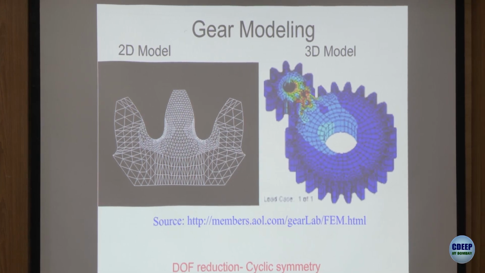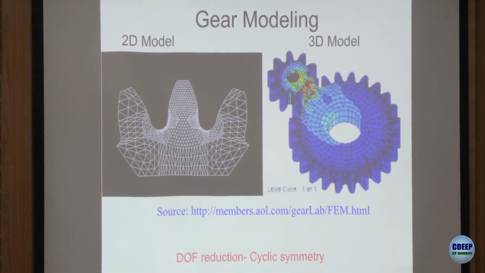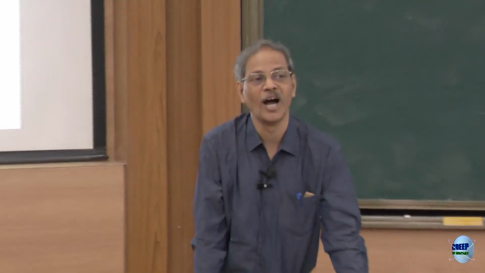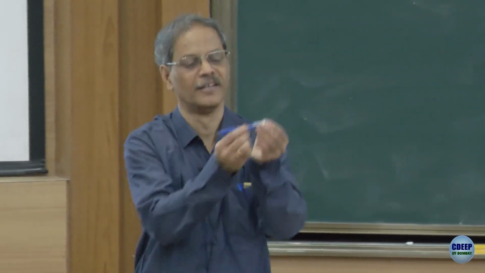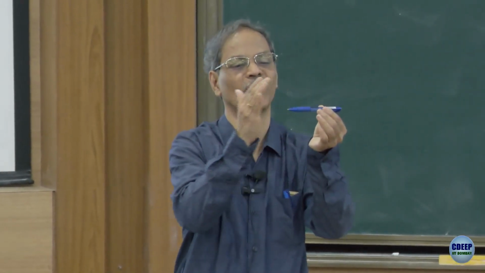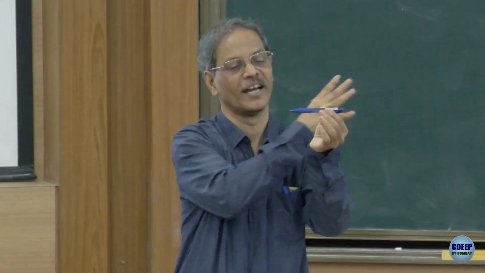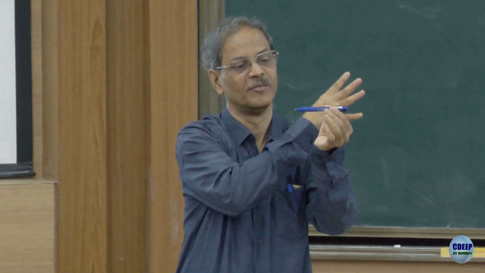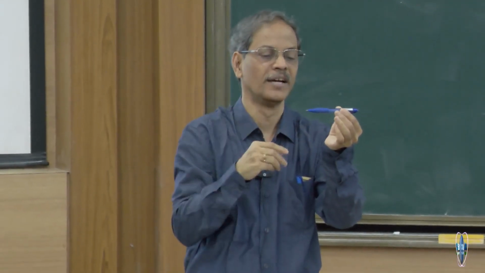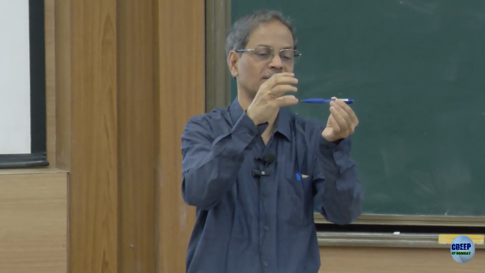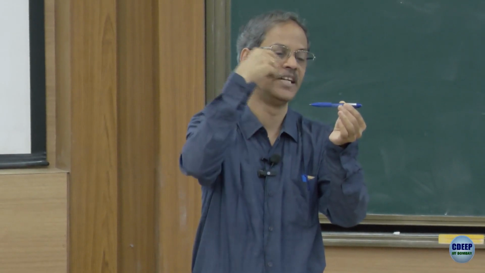When I talked about 1D, of course, because you have been already taught all those subjects, we didn't get into the discussion on how it became 1D. For example, when I talked about the axial deformation of a rod or even a beam, for the rod, our assumption was that we did a thought experiment.